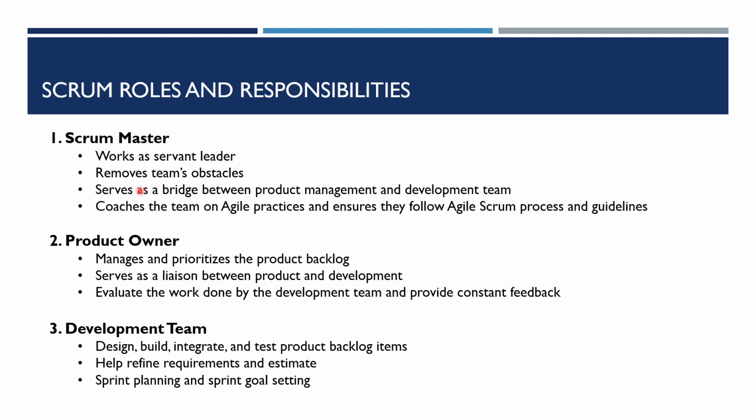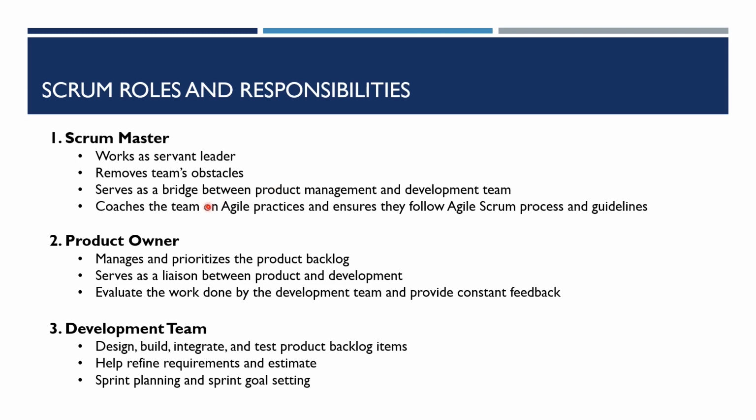This role really serves as a bridge between product management and the development team. The product management is the team who owns the product, who owns the backlog. That includes the product owner and other stakeholders. So the Scrum Master makes sure that he or she is acting as a bridge between the development team and the product management group.